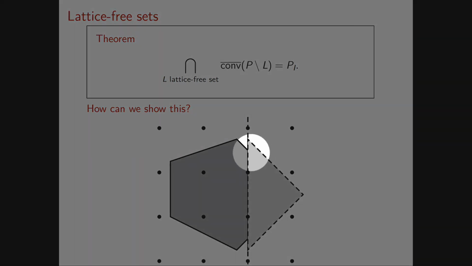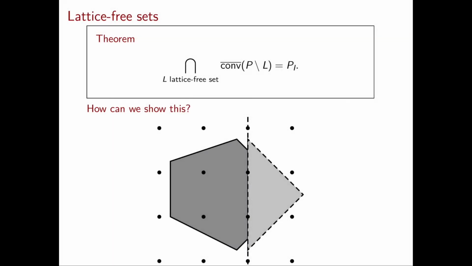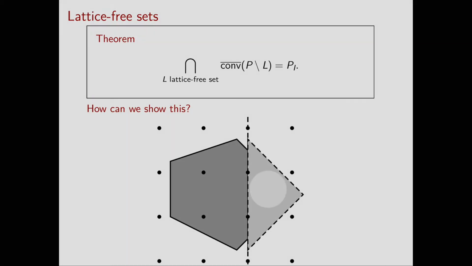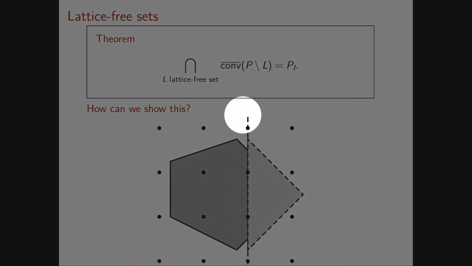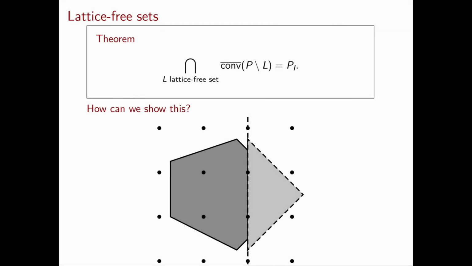And everything we need to check is that we can always do it while keeping the set lattice-free. So we're not, of course, allowed to have any integer point inside the triangle, but it can be easily shown that this is always the case, and you can always enlarge such a lattice-free set in such a way that the inequality you started from is indeed valid for the closed convex hull of P minus L.